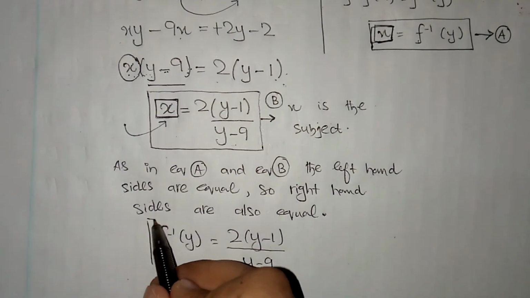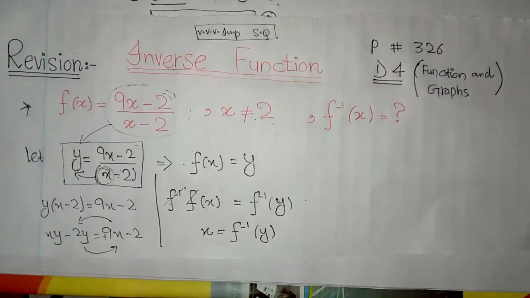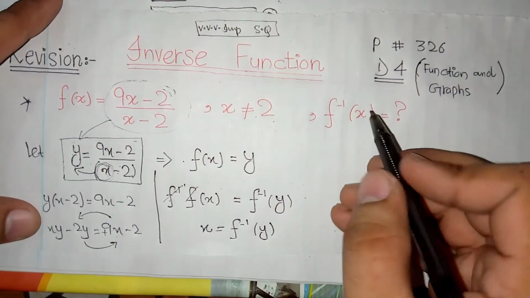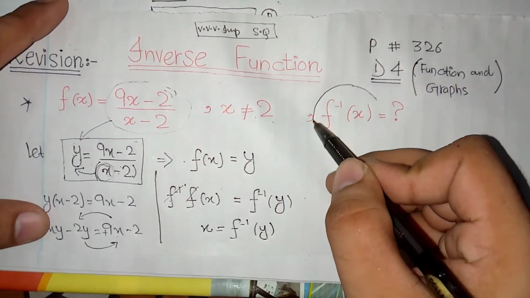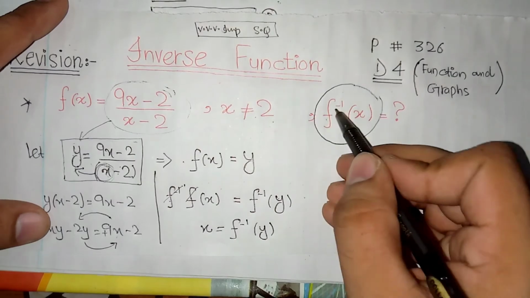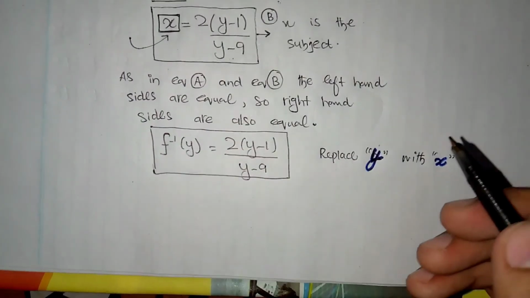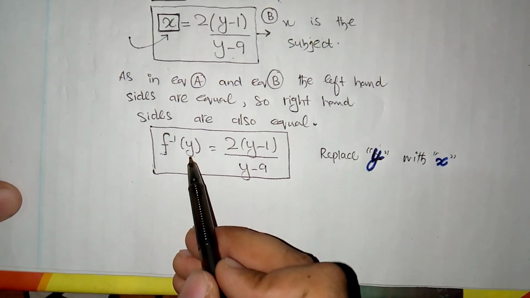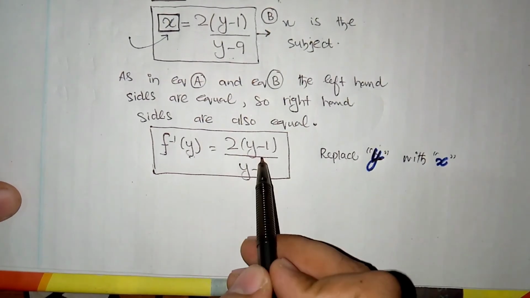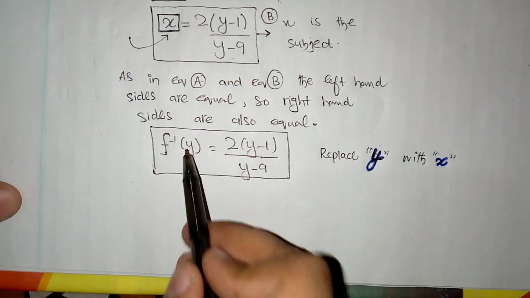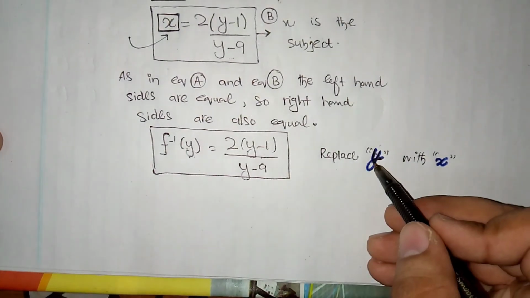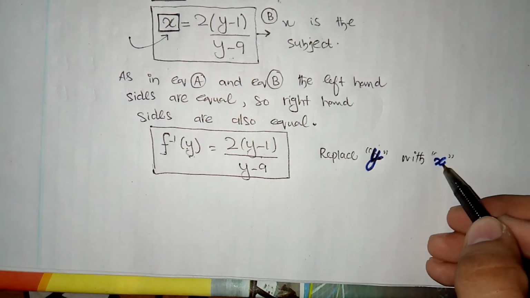This is our target. If you look at the question carefully, we have to find f inverse of x, and we got f inverse of y. The variable on both the left and right sides is y. So the last step is that we replace y with x.